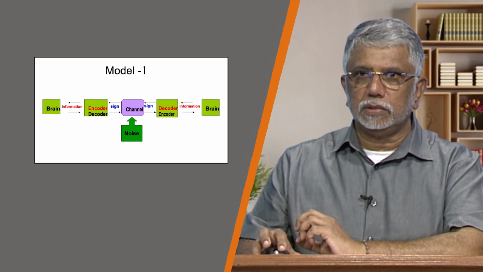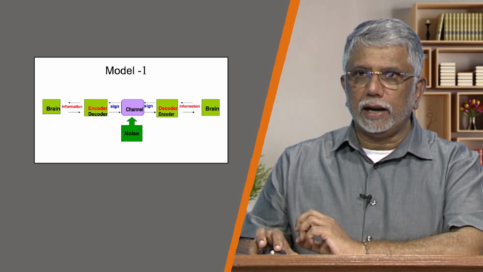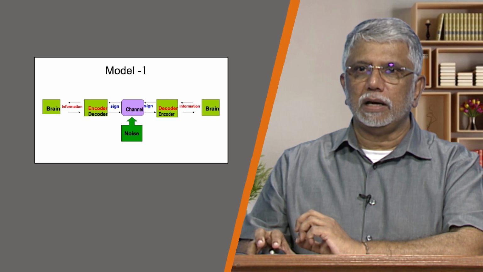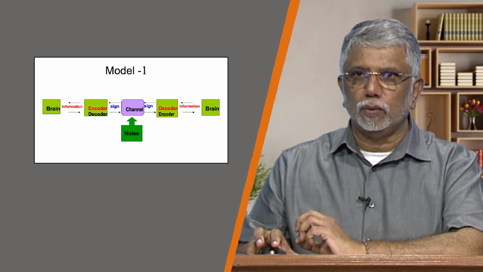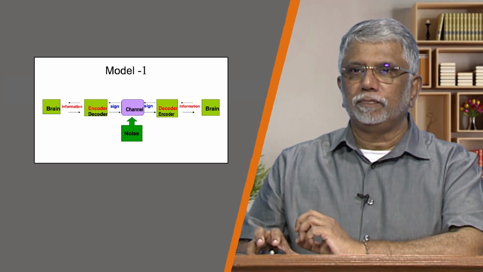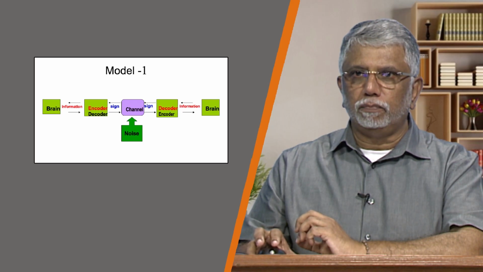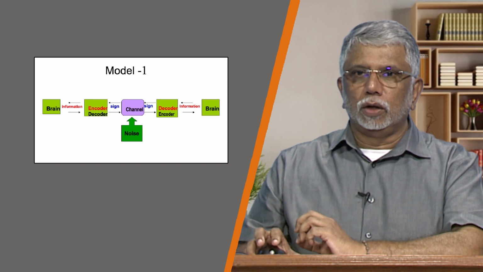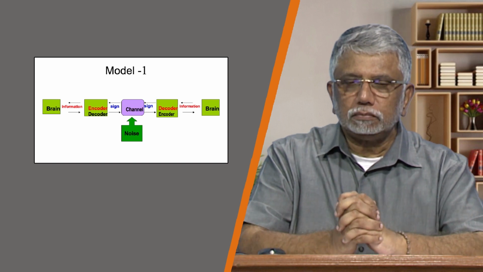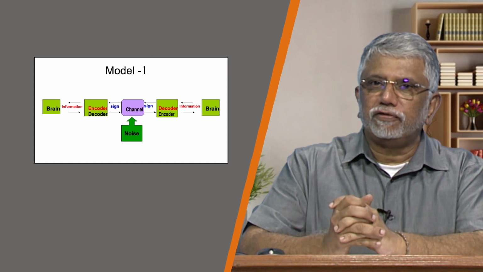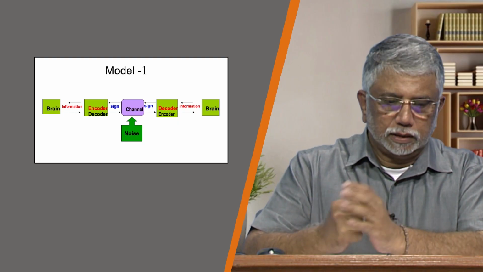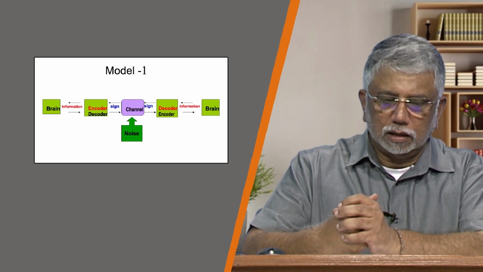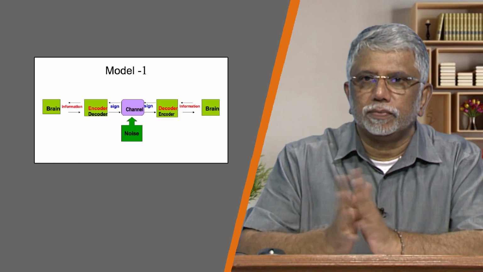In real terms, decoder, encoder and the brain is housed in the same individual. It's the same individual. For convenience sake, we are kind of breaking it down to explain it in detail. So, essentially there are 5 elements: sender, receiver, sign, channel, and of course noise.